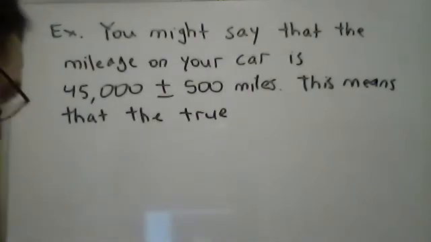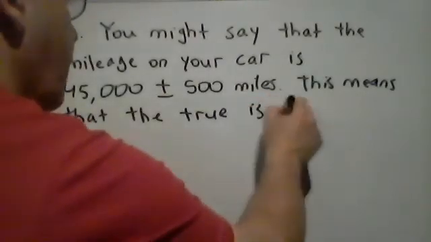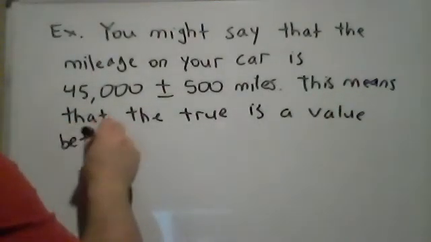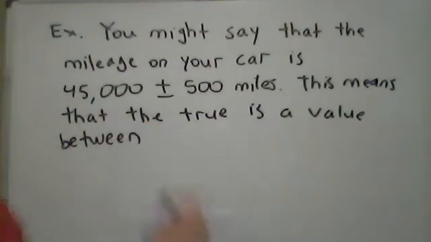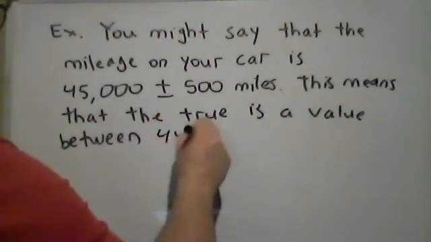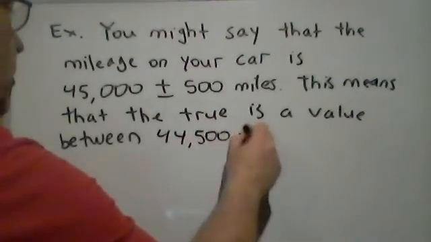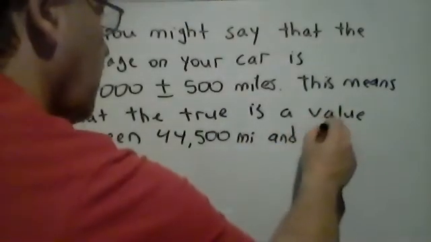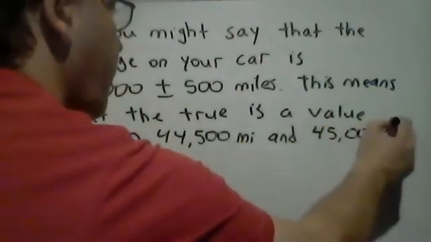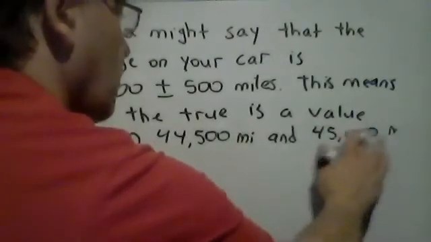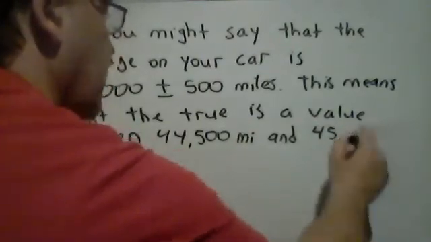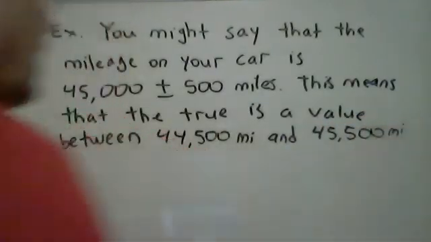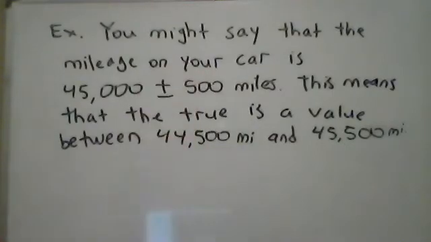So it means that the true mileage is a value between 44,500 miles and 45,500 miles. You don't know, it's some number in there, but you have confidence that your uncertainty is only 500 miles.